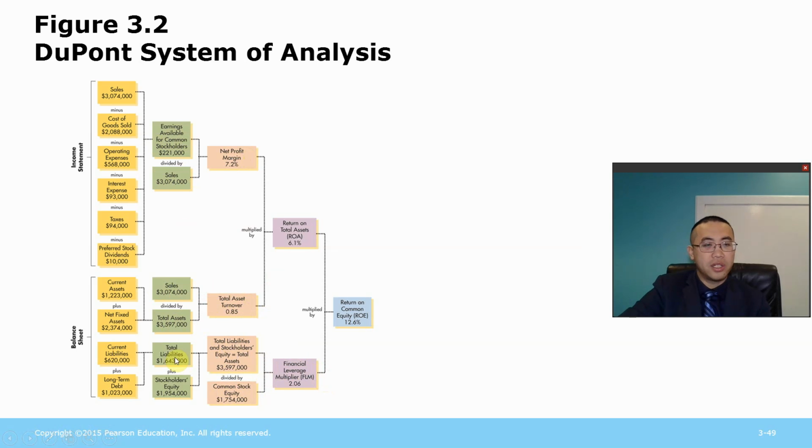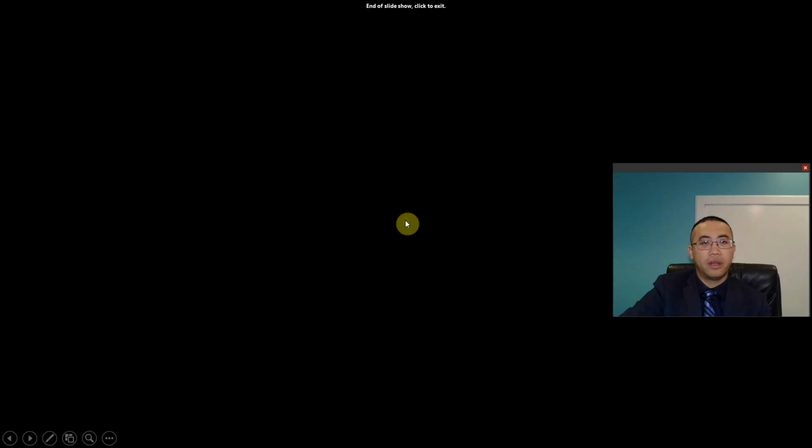And then total assets is total liabilities plus total equity, and your total liabilities here include both current liabilities and long-term debt. And for total assets, it's current assets and net fixed assets. And for net income, it comes from sales deducted by costs, operating expenses, interest, taxes, and the preferred dividends. All right, so this is how ROE is made up.